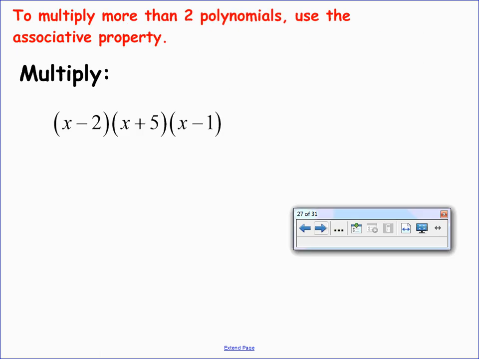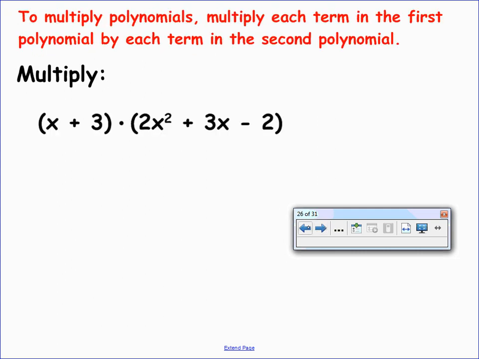Pick one pair of binomials, right? Multiply together and then distribute, again, like the first problem. So go ahead and show me you get it with your partner. I'll be circulating around the room.